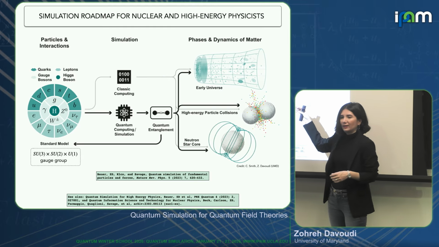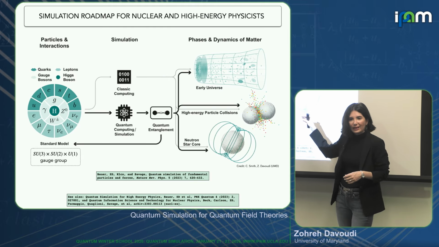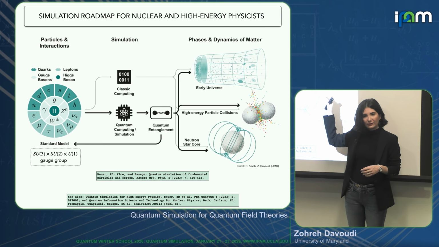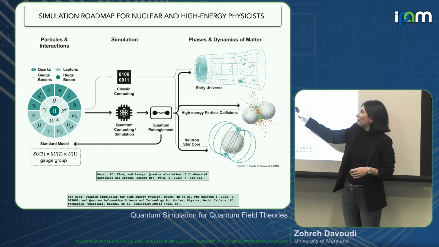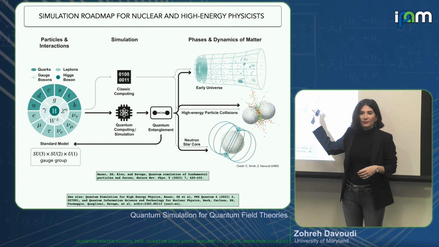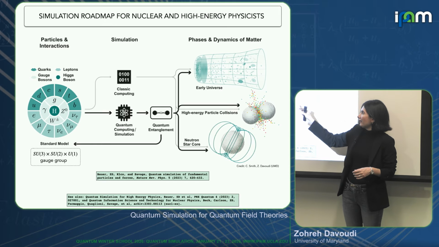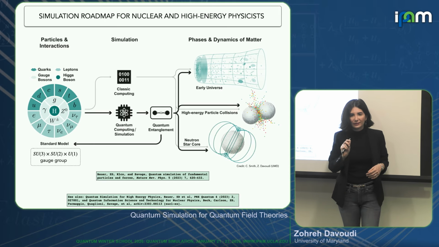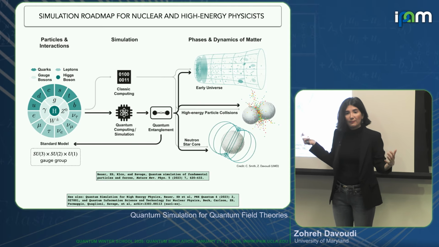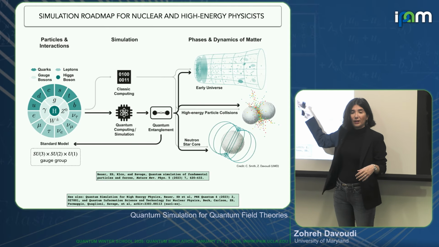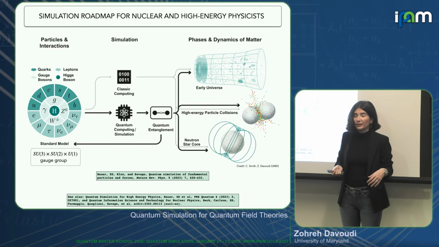With classical computing, we have made some progress in understanding various aspects of these different physics topics, but we're still very much limited. And in fact, this is the reason that we think quantum computers and quantum simulators may start to give us more insight into the nature of these processes, starting from the fundamental level.